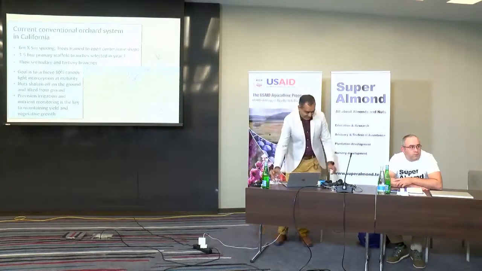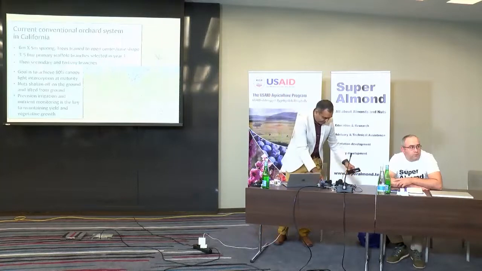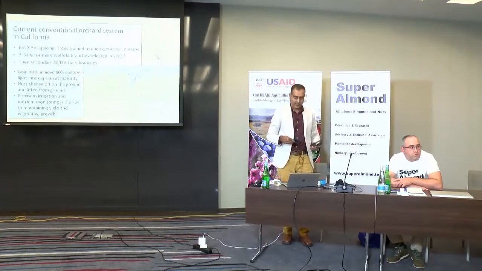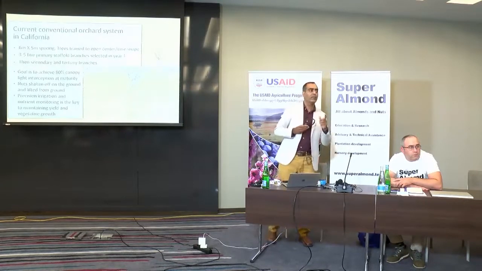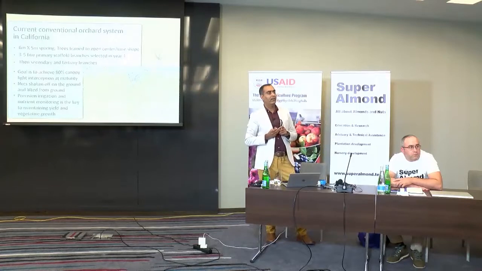Hello. You discussed light intensity, and my question is about what is the optimal light intensity, and if there is a maximum light intensity for the canopy or for the leaf.